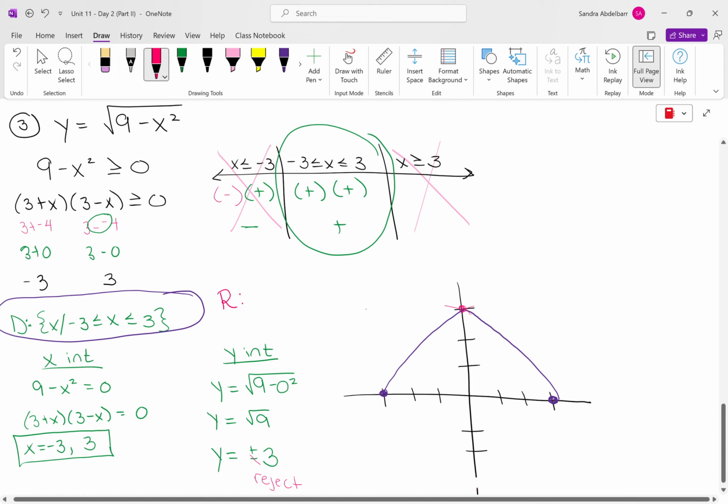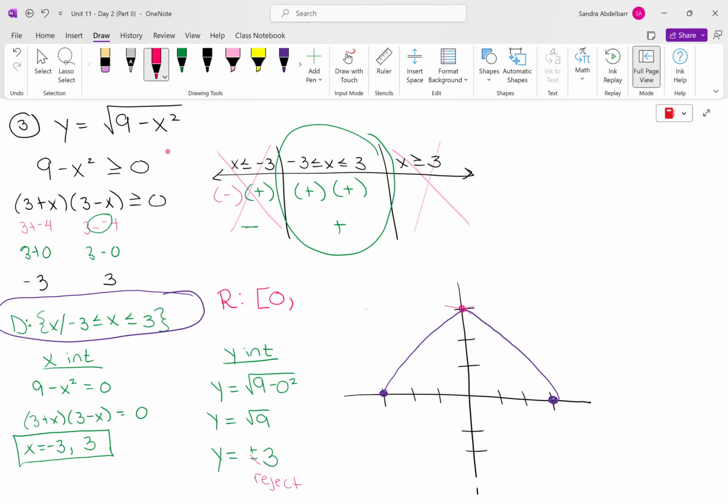So we had our x-intercepts, we had our y-intercept, we had our domain. What we have not discussed was our range. Who can tell me the range? You got it, 0 to 3.